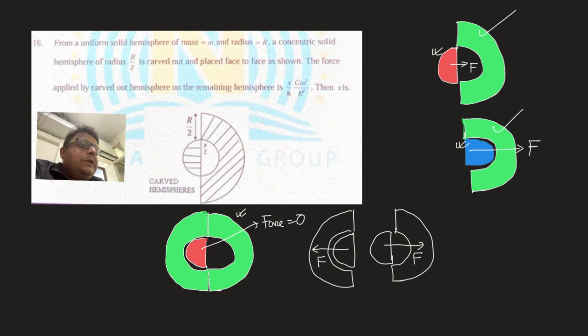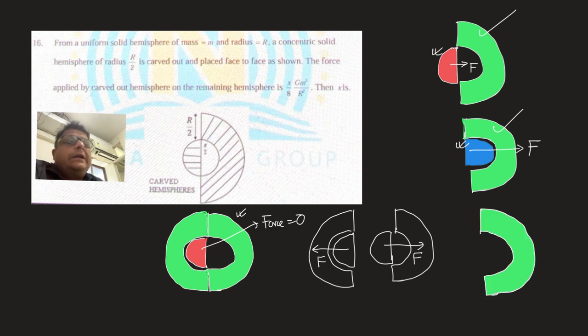Now let us take a large hemisphere, and inside say you have this full sphere inside. Instead of hemisphere you have the full sphere, and let's split it into this left side red and the right side blue.